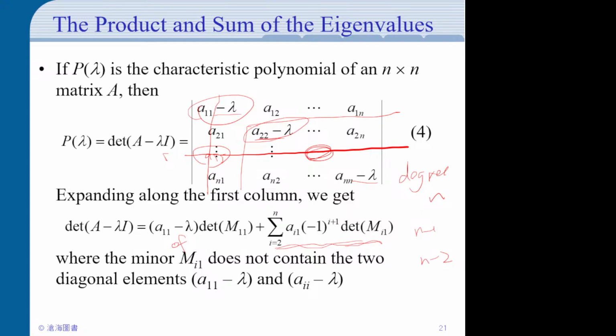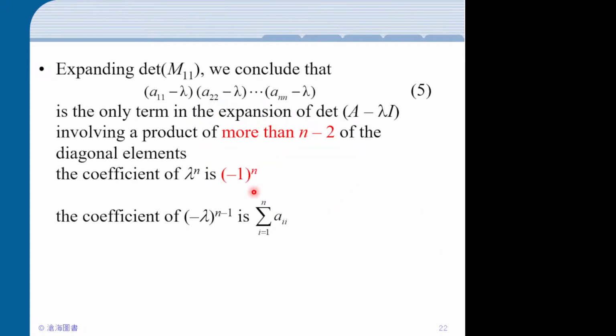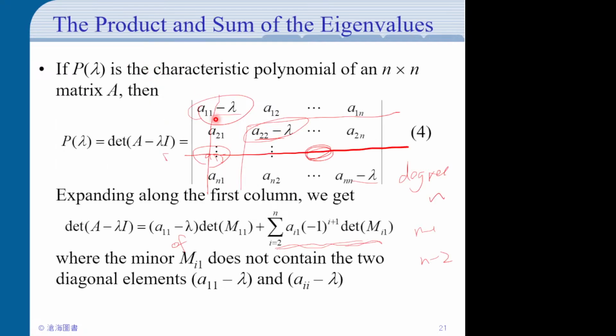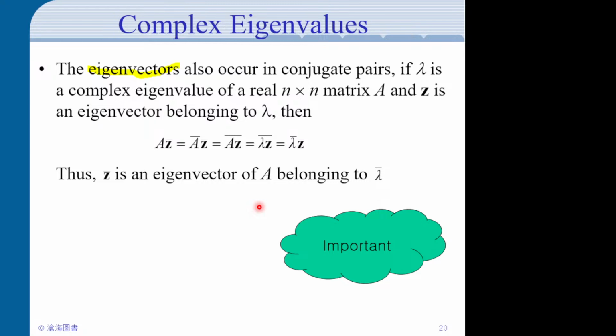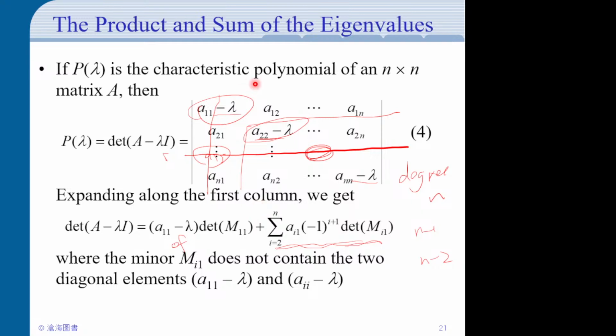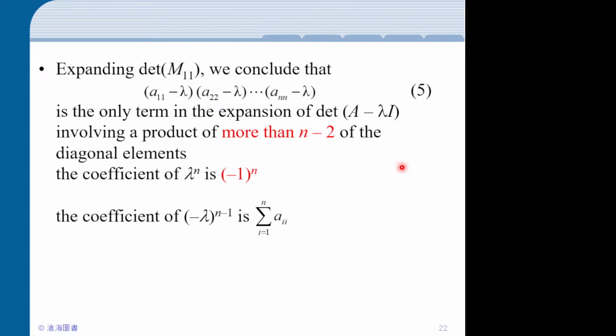Okay, and so in the end, the only term that has the highest degree is the term that multiplies all the diagonal terms. That is, you keep expanding on the first element of the first column. With the same similar analysis, you see that if you want to have degree n or n minus 1 at the end, the only term contributing to it is the product of all the diagonal terms.